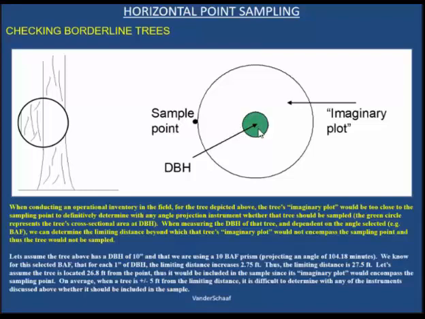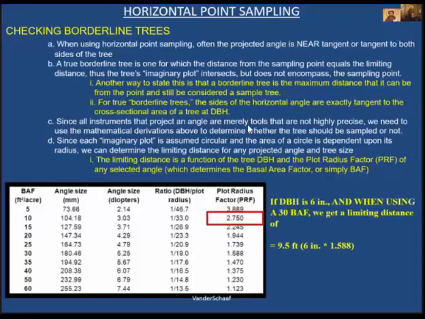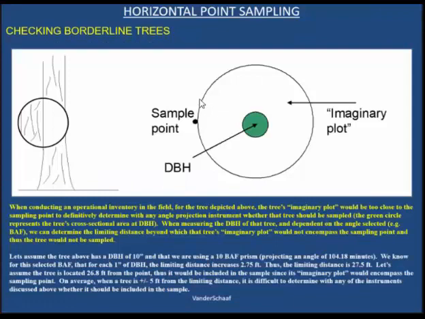This could be any particular BAF and any associated angle, in degrees, or angle size in millimeters, depending on the BAF that we would select. But this tree is truly borderline. We could think of it as nearly borderline, right on the edge of the sample point.